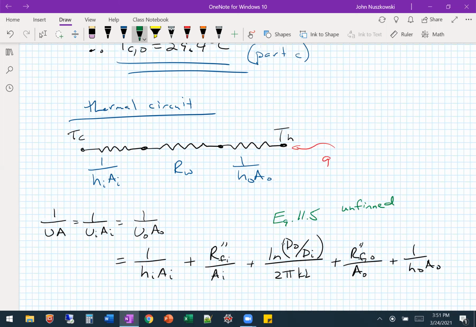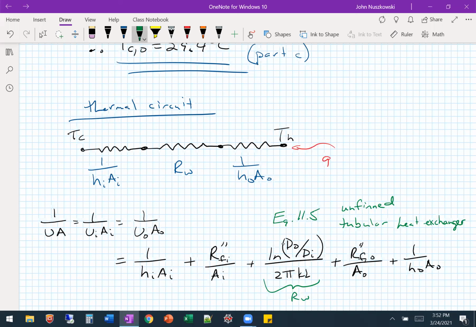So we don't have any fins on the cold side. We don't have any fins on the hot side, right, on the steam or the water. And it's for a tubular heat exchanger. Okay, so they're tubes, so they already put in the wall resistance you see here already is using cylinders.